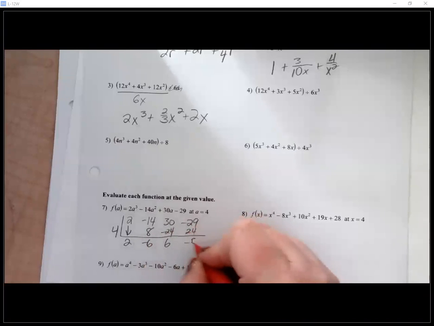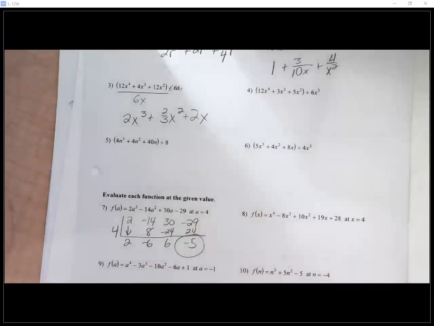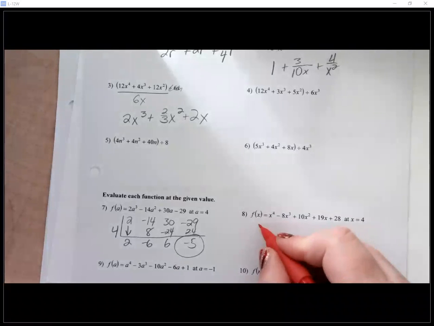Your remainder is the answer. Isn't that nice? So much better than literally plugging it in directly. Totally possible, but annoying. Try number 8 real quick.